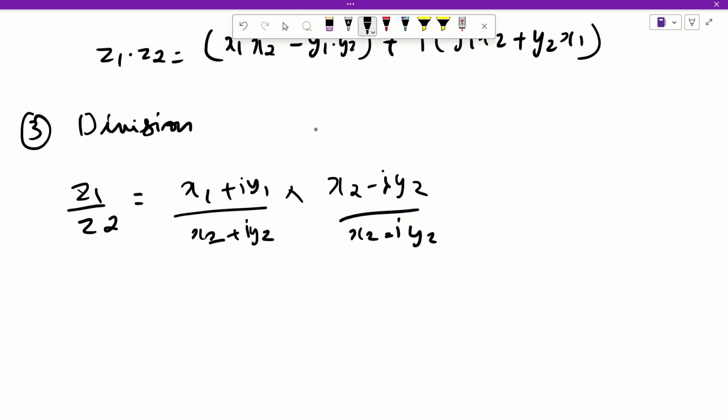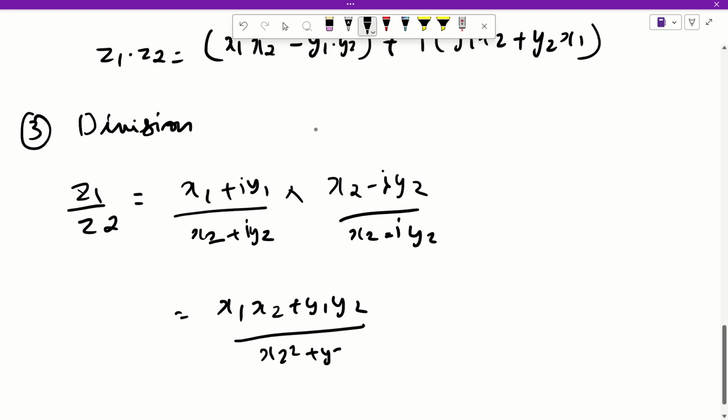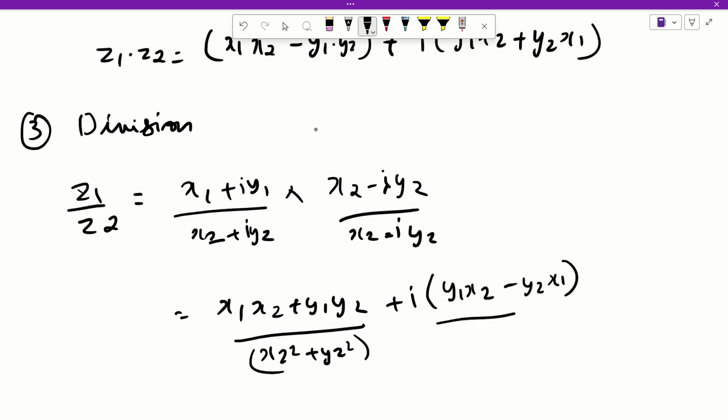After expanding, we get the result: x1 x2 plus y1 y2 divided by x2 square plus y2 square, plus i of y1 x2 minus y2 x1 divided by x2 square plus y2 square.